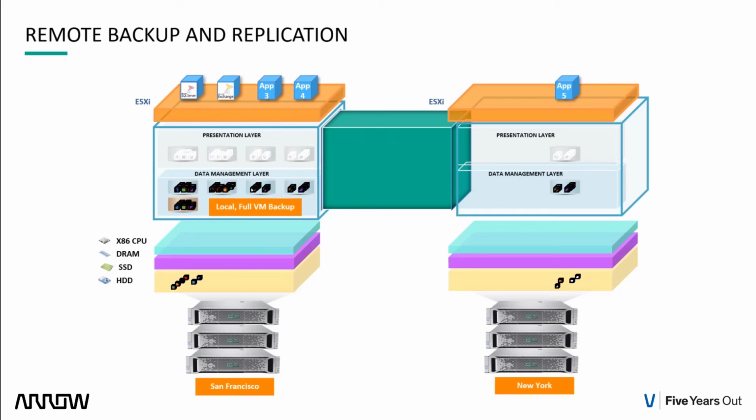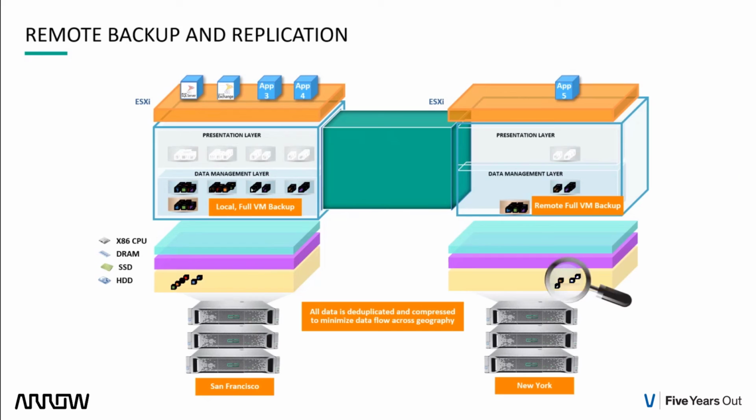Perhaps even more interesting, what if you wanted to do a remote backup? Well, you wouldn't want to send all of that data over the WAN, since it could take forever. So instead, with the power of the DVP, you can just right-click in vCenter and press Remote Backup. At that point, instead of sending the data, we'll just send the metadata map.